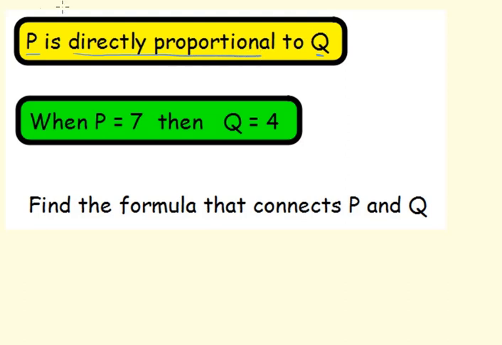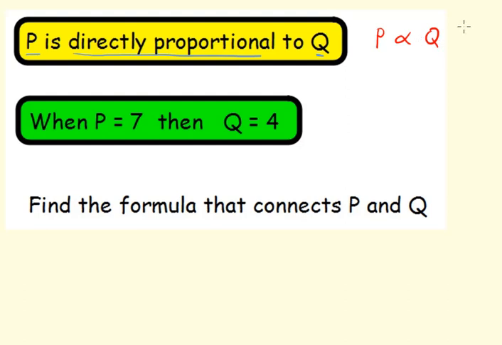Now, first of all, this yellow box could be summarized in a simple notation. It could be written like this. So that yellow box is this here. So the way a mathematician would read this is P is directly proportional to Q. This symbol is a proportional symbol, meaning this variable is connected to this one, and because these two variables are written in this particular way, they are directly proportional to one another.